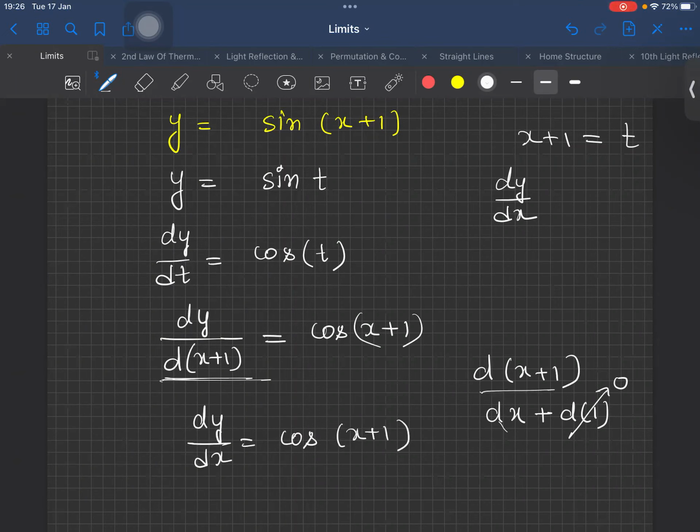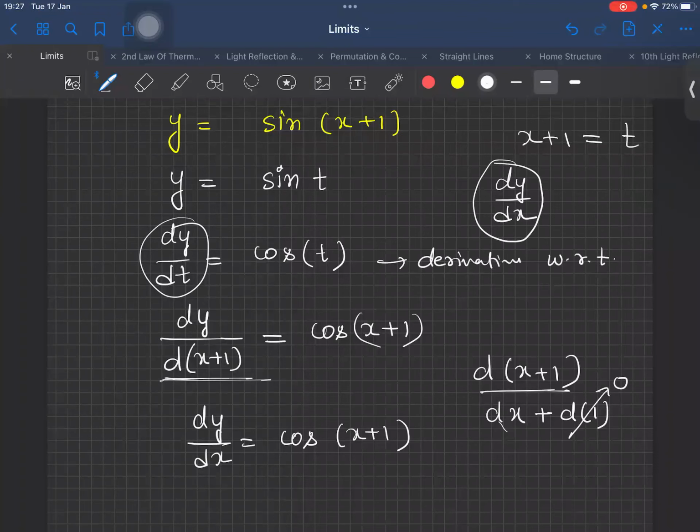See, this is just a simple derivative. Here this is the derivative with respect to t, and we need to find the derivative with respect to x.